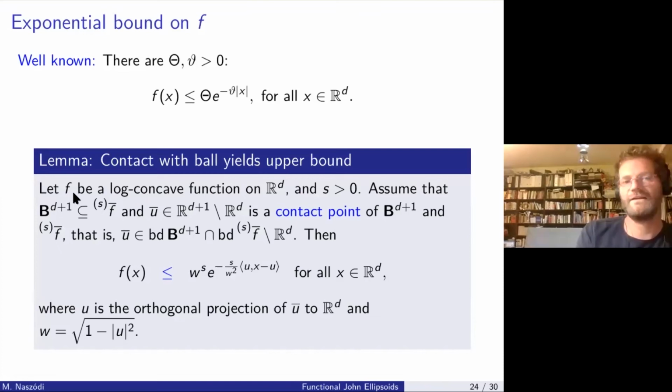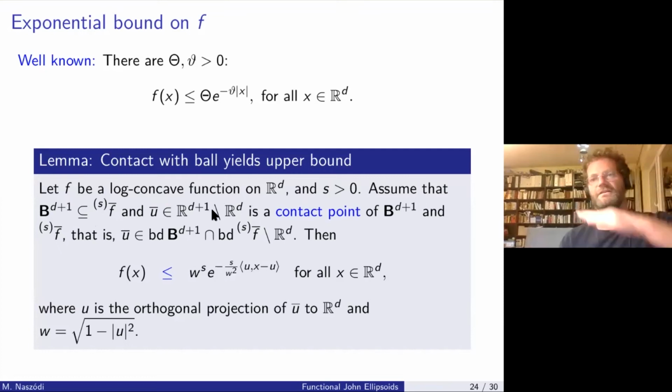So let's say that you have a function f and you fix s, and assume that the d plus 1 dimensional Euclidean ball is in the S lifting. And take a contact point, and this is very important. This contact point is not in the horizontal plane, so it's not in R^d.